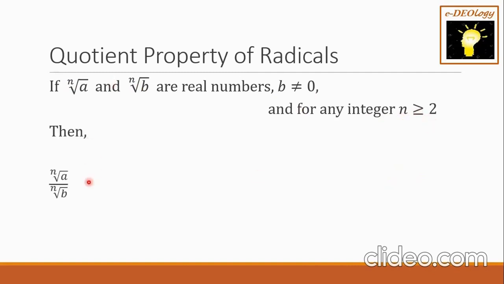Then, if we're going to divide the nth root of a by the nth root of b, the answer will be a big radical here with index n. Inside the radical is a fraction with numerator a and denominator b. So this is the quotient property of radicals.